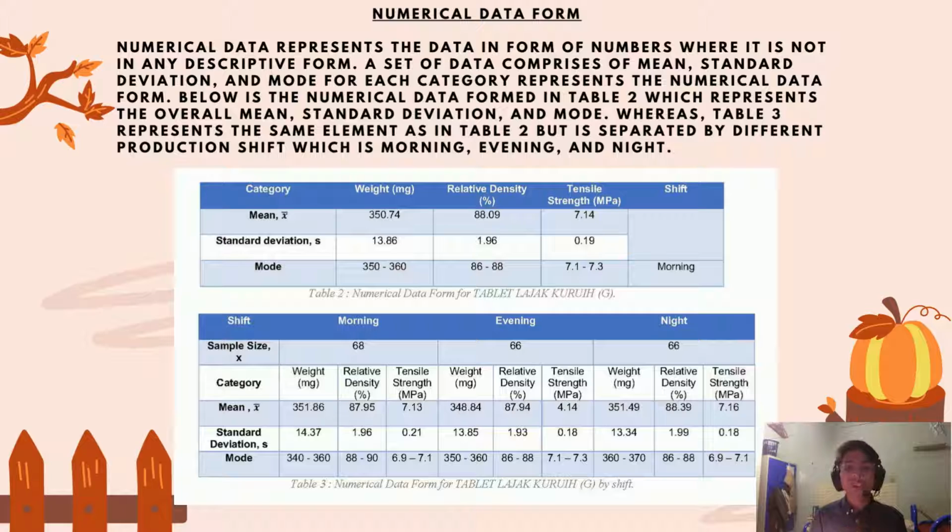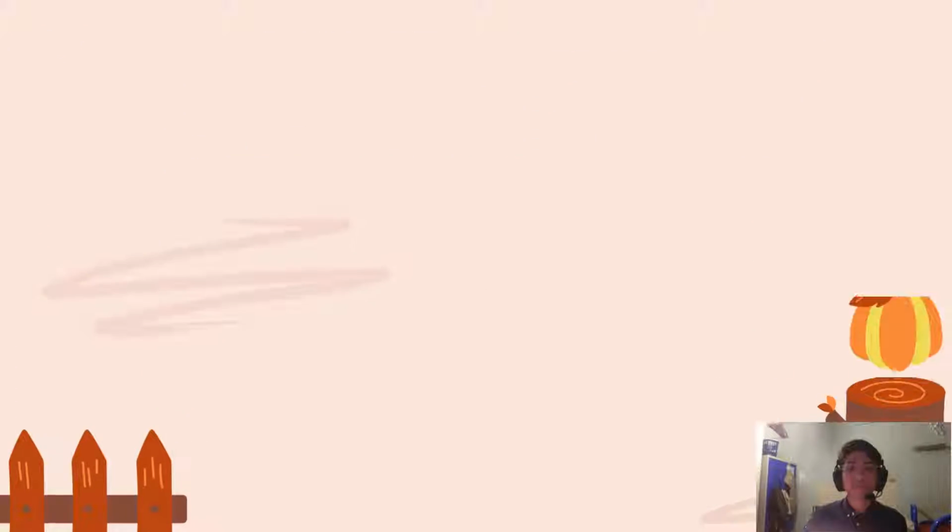For table 3, I extracted the data based on its category of production shift, which are morning, evening, and also night. All of these data are sorted based on category, mean, standard deviation, and also the mode. For a better illustration, I will be presenting the graphical form later on.